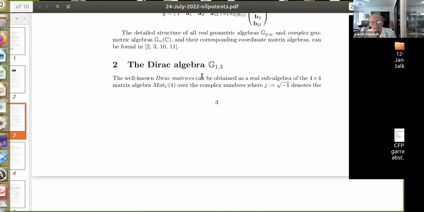Okay, now I try to explain why the Dirac algebra G13, the well-known Dirac matrices, can be obtained as a real subalgebra of the 4 by 4 matrix algebra Mat(4, C) over the complex numbers, where j squared is equal to -1 denotes the unit imaginary.